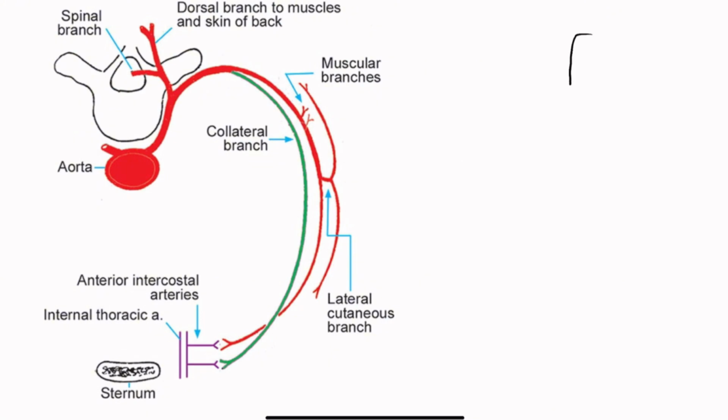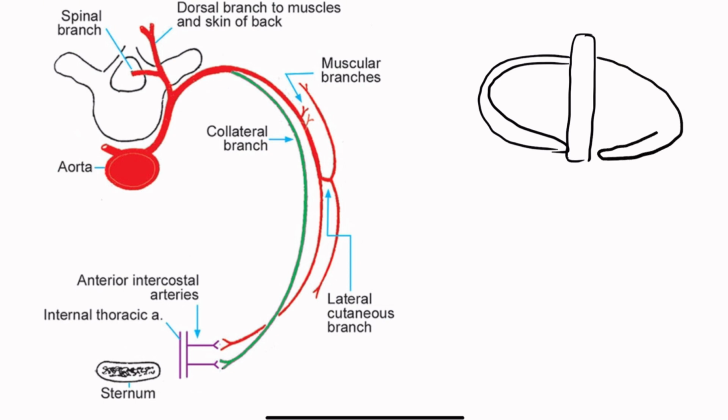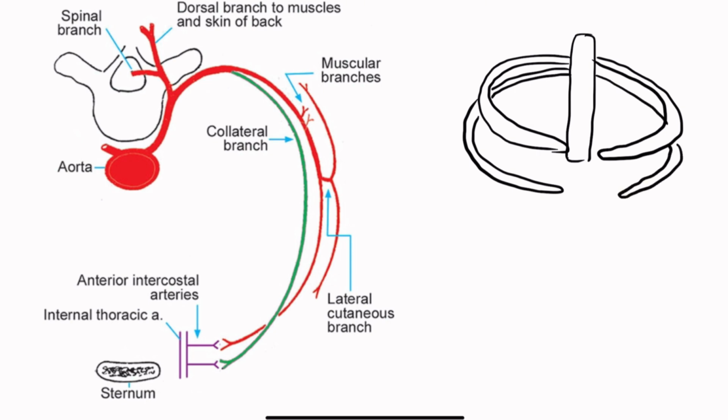Let's say this is the vertebra, right? From the vertebra arises a rib. Here's one rib. Here's the other rib. Similarly, another rib as well. In between the two ribs is the intercostal region, or between two costae.